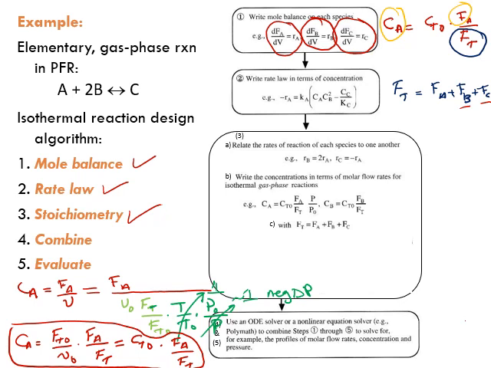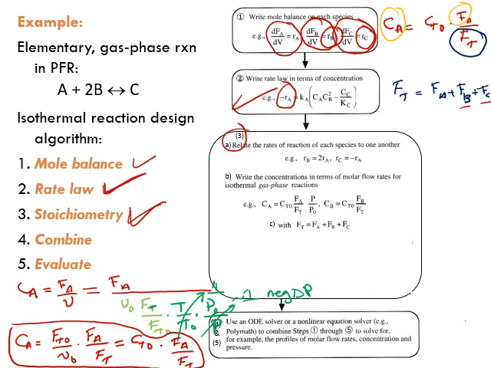So that means I will end up with RB and RC. However, in the rate law step, I only defined RA, right? So how are we going to find RB and RC? You're going to use stoichiometry. In the stoichiometry step, I'm going to use stoichiometry to relate all of the rates of reaction.